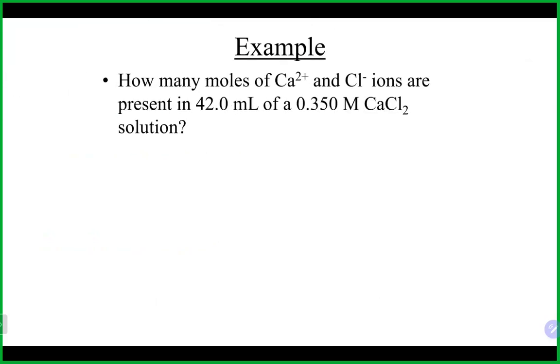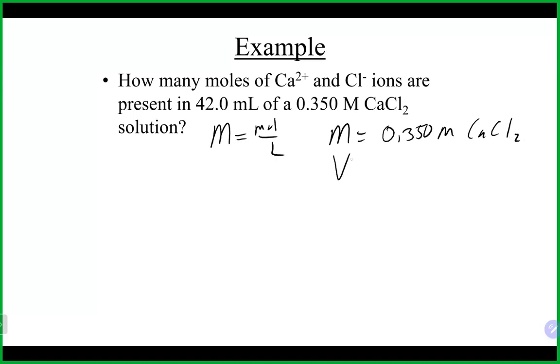All right. So let's take a look at how we could use this in a problem. We want to know how many moles of calcium and chloride ions are present in 42 milliliters of a 0.35 molar calcium chloride solution. What's given to us is the molarity, which is moles per liter, of the whole thing, 0.35 molar calcium chloride.